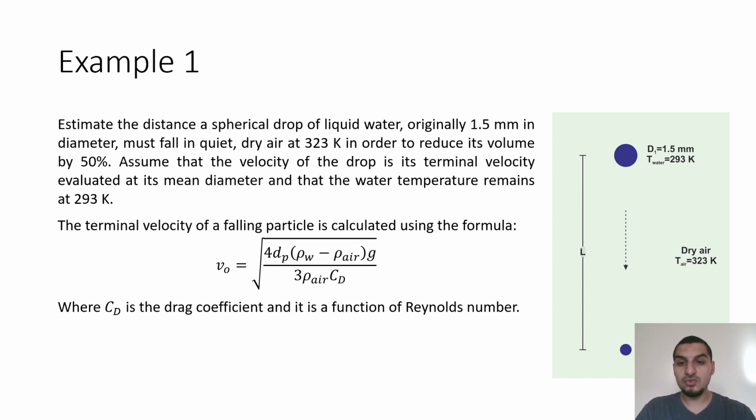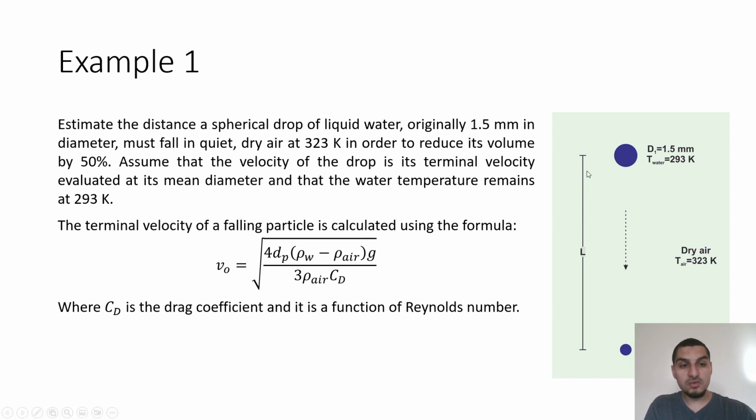So there are no other forces acting on the drop other than the gravitational force, and we will know why this is important. And as it falls, due to the difference in humidity, or the difference in partial pressure of water between the surface of the drop and the air outside, water will evaporate. So the volume will decrease with time.